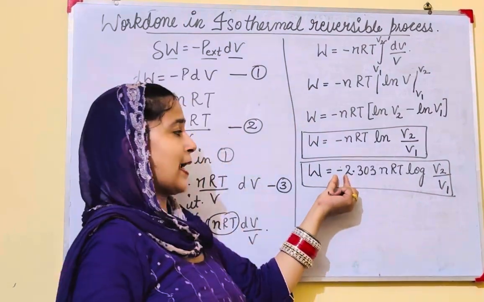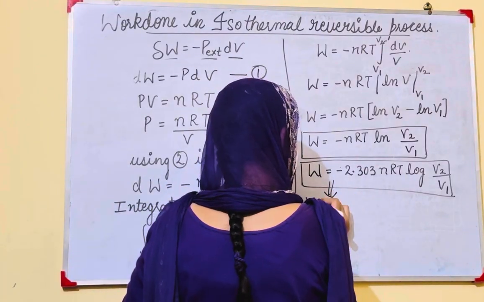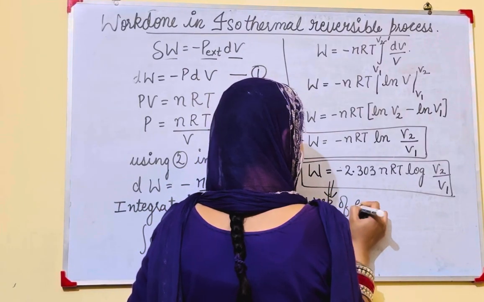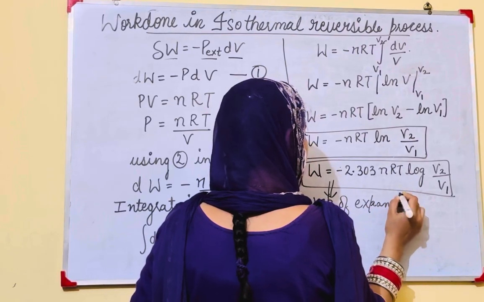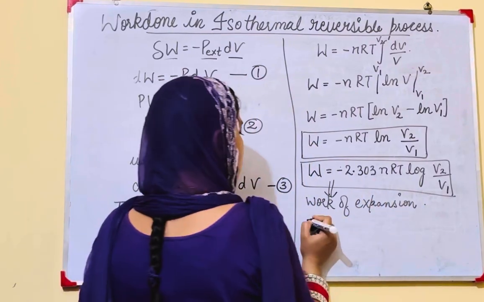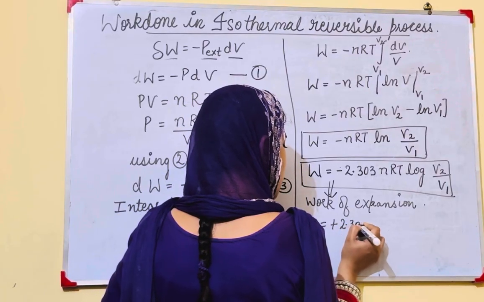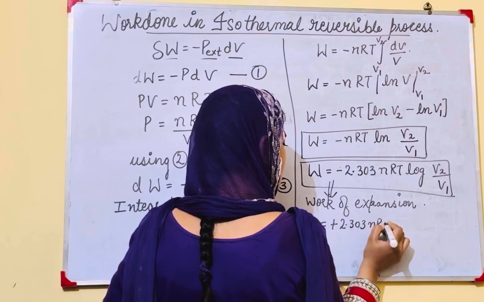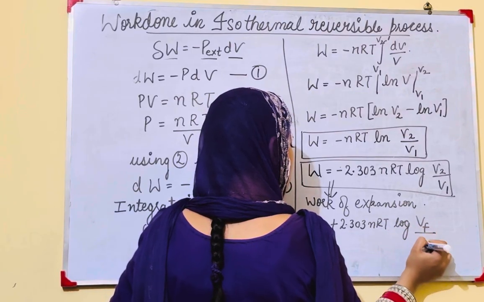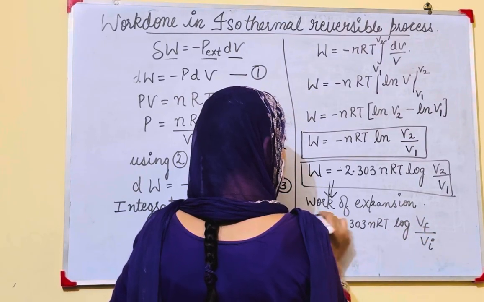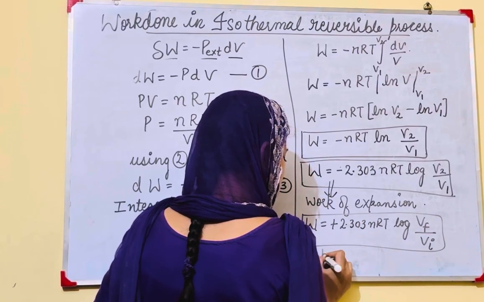When there is a negative sign, this is always work of expansion. Now for work of compression, what is the expression? Plus 2.303 nRT log V final over V initial. This is work of compression.